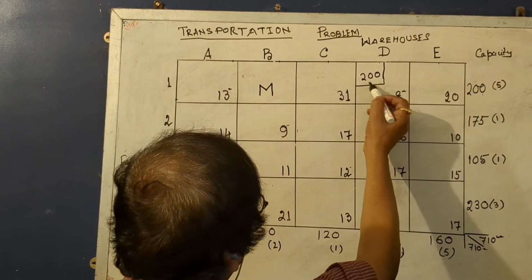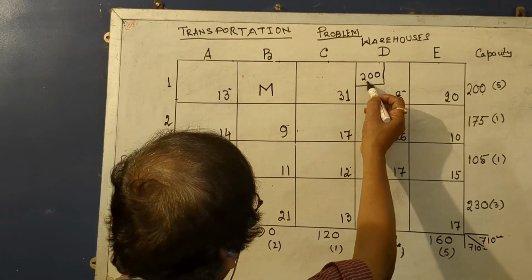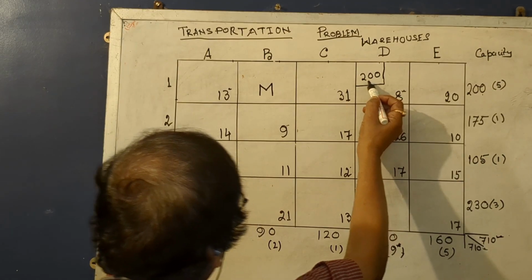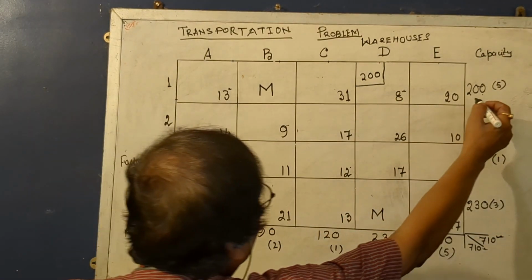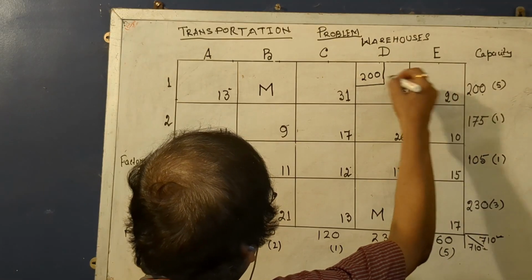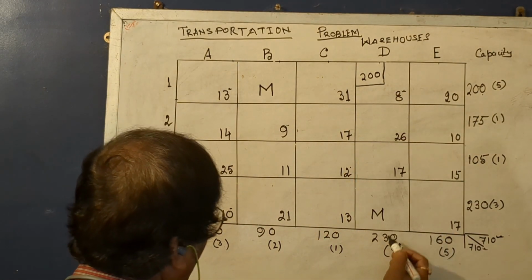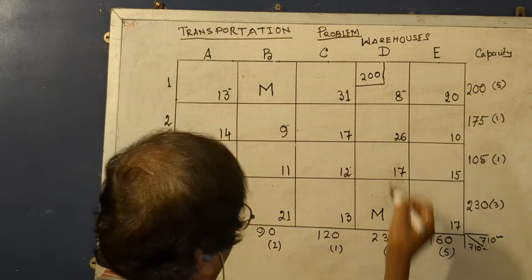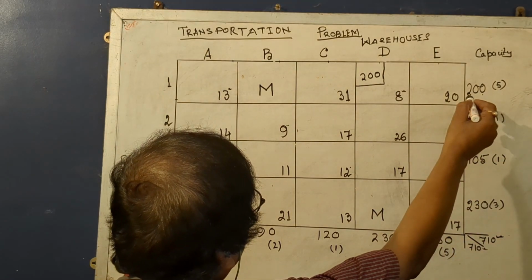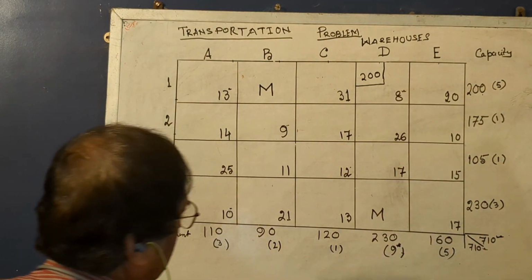You cannot put here say 250 or 210. Why you cannot put 210? Because your availability is 200. That's why you cannot put more than that in this one. And you cannot put more than 230 also, because the requirement is 230. So out of the feasible, the lowest one you will put.